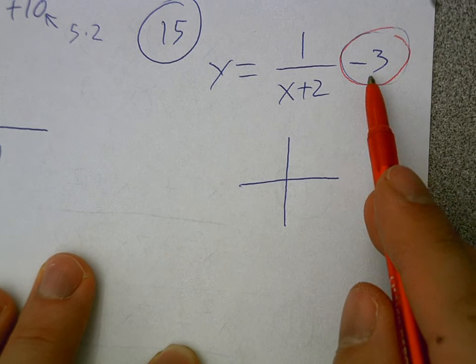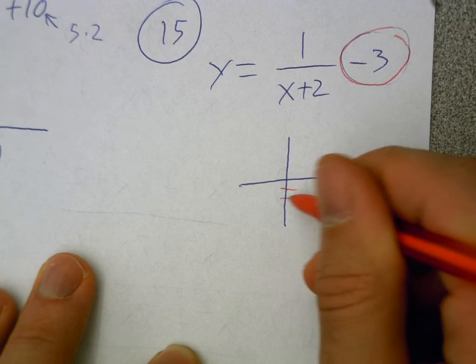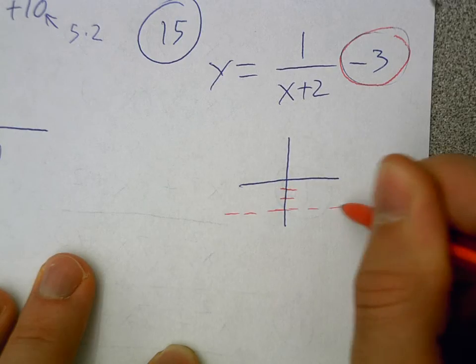So that means down here at negative 3, I'm going to put a dashed line that I'm not going to go across.